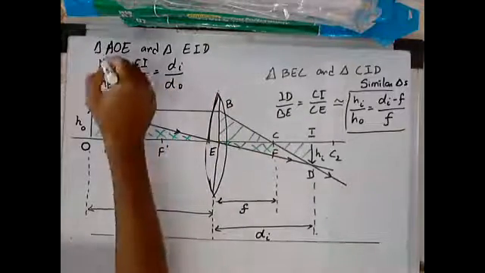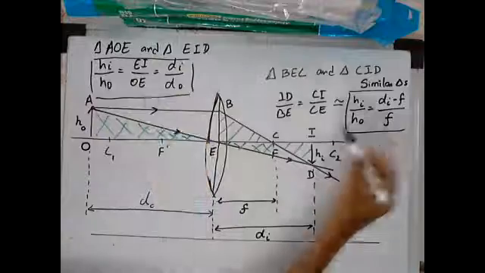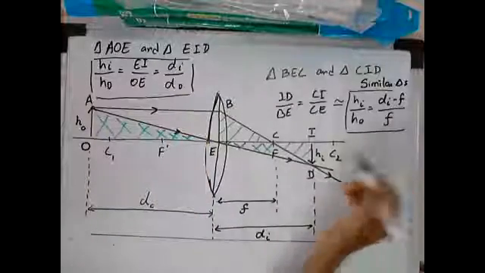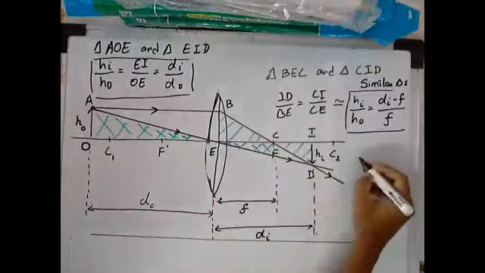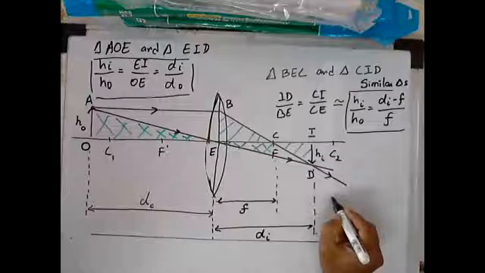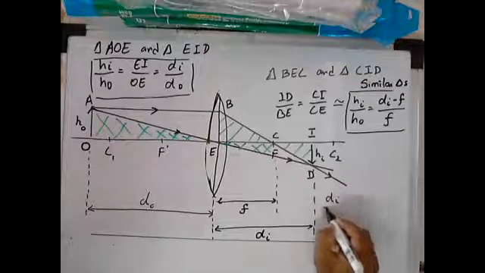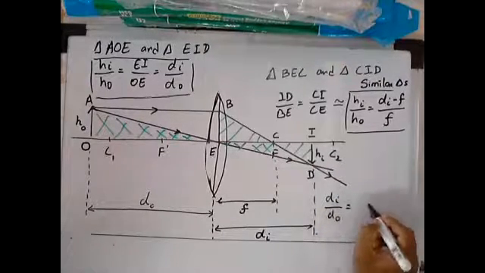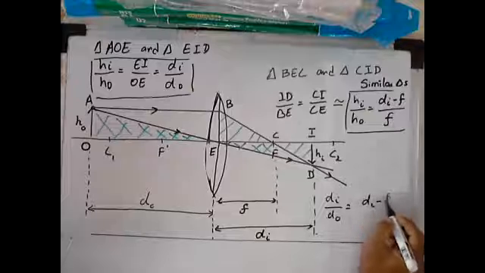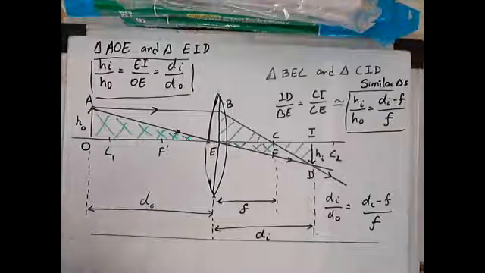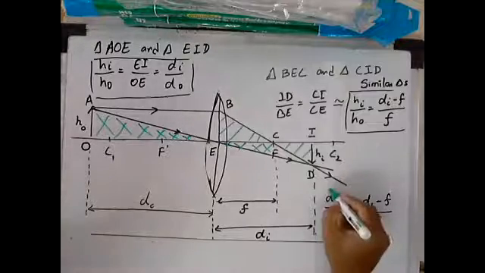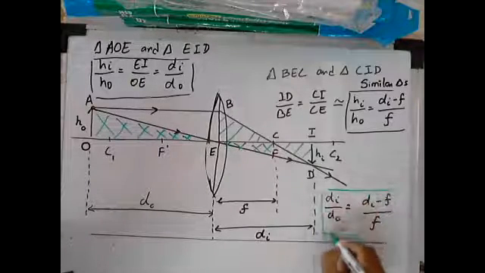So now I have two results over here which are the same, HI by HO. So therefore I can make the RHS equal to RHS, and I can write it as di by do is equal to di minus f divided by f, and this is a very important result.